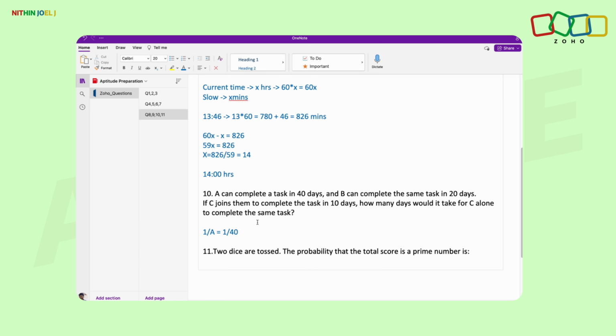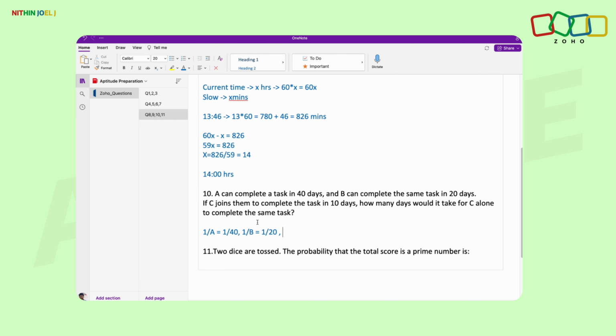Same concept here. If A can complete a task in 40 days, then on the first day he will complete 1 by 40th of the work. The next statement says B can complete the same task in 20 days. In the same way, 1 by B is equal to 1 by 20.